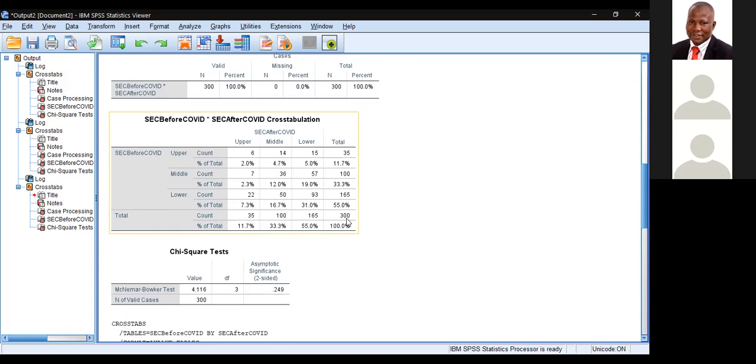Then the one for before, horizontal, middle, upper, and lower. Then after, middle, upper, and lower, you put their percentage also. Those in the middle, you just leave them as ordinary figures without putting percentage. That's what I said. Okay, any other question?